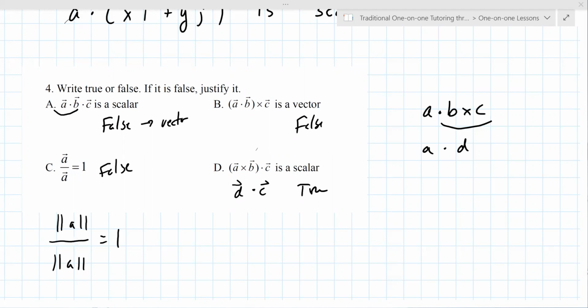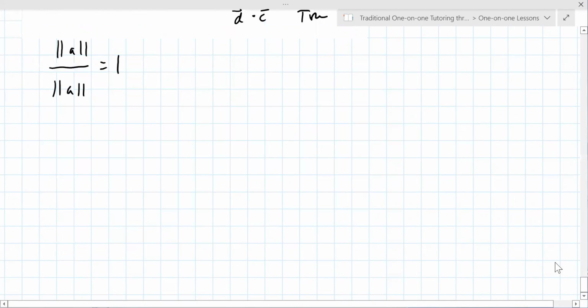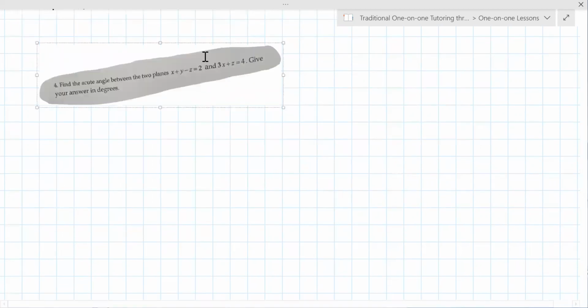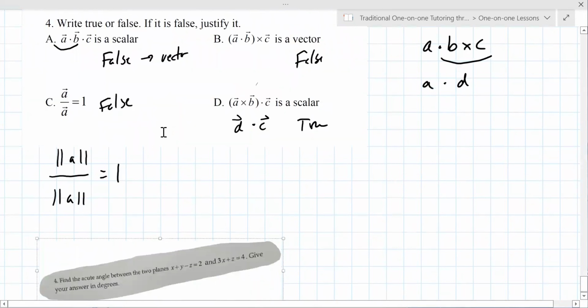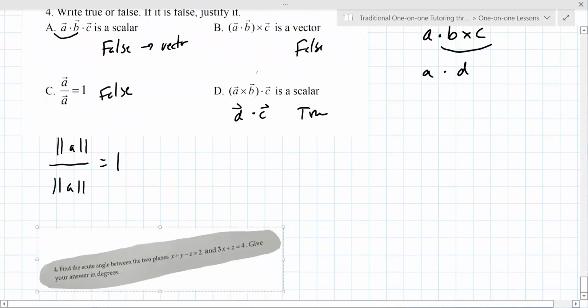Not for this test, no. We talked about it, but it's not on this test. Is that like topographic maps or whatever they're called? Yes, yeah, those won't be on this test.